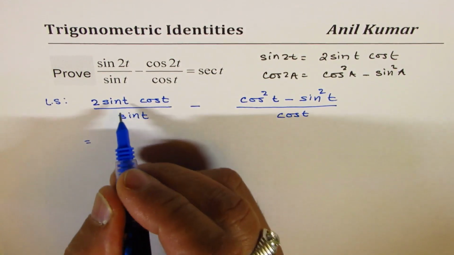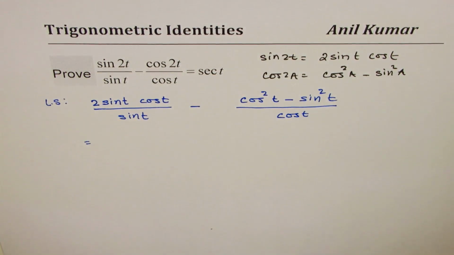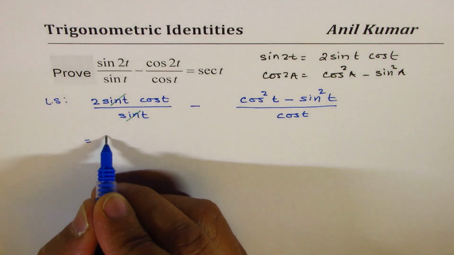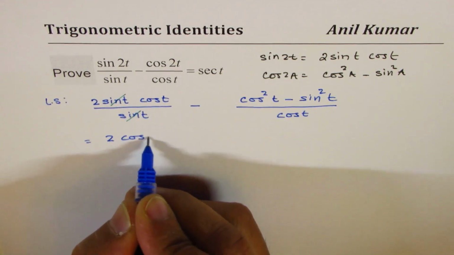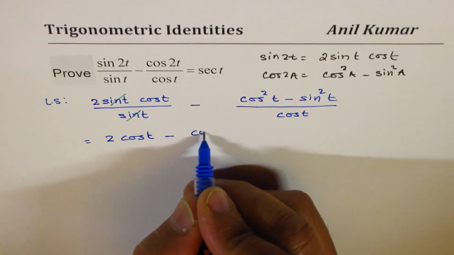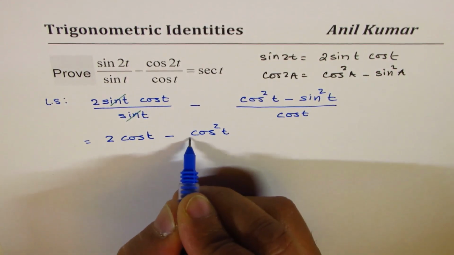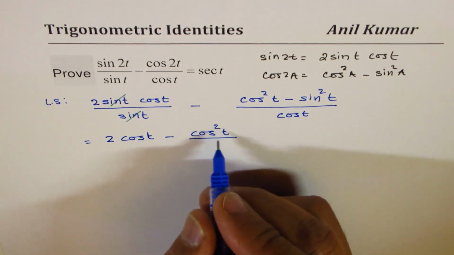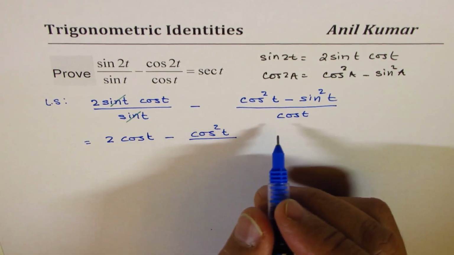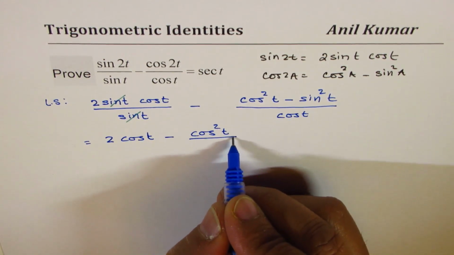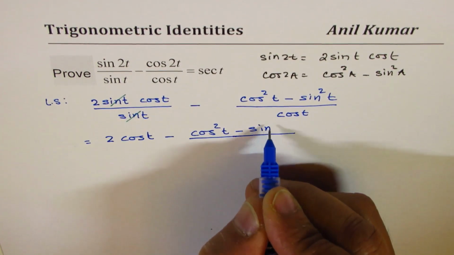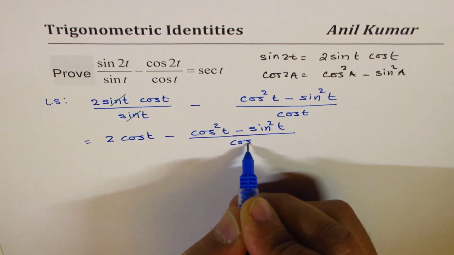Now sine t cancels. So we have 2 cos t here, minus cos square t over cos t, minus sine square t over cos t.